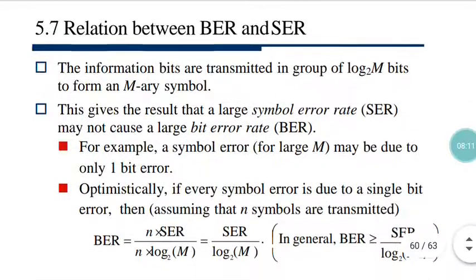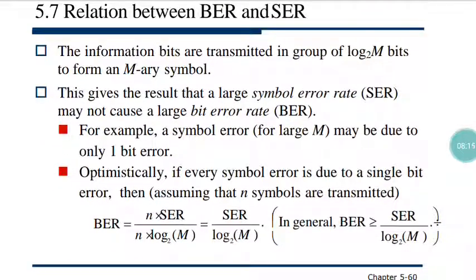So optimistically, if every symbol error is due to a single bit error, then assuming that N symbols are transmitted, BER equals N times SER divided by N times log2 M. N times SER and N times log2 M cancel out, so finally it is SER by log2 M. So in general, BER is greater than or equal to SER by log2 M, and obviously the bit error rate is larger than the symbol error rate divided by log2 M.